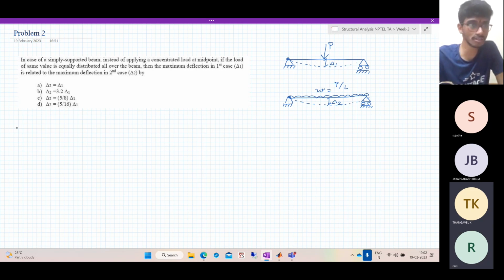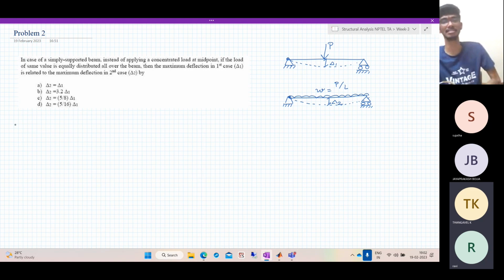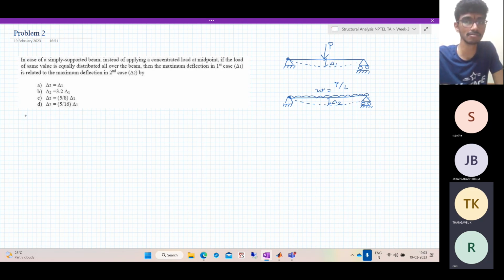You can also use double integration, but if you want the displacements everywhere in the beam, double integration is very good. If you want the displacements at a particular point, moment area theorems will be very helpful. So let us use the moment area theorem in this case.